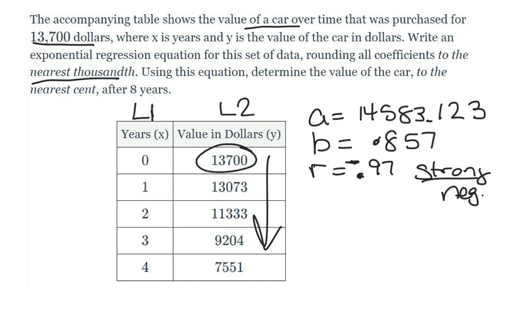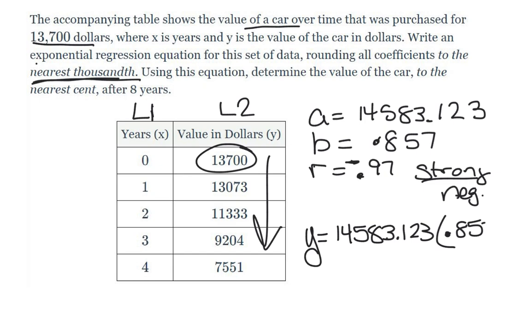All right, so they're wanting us to find the value in 8 years. So our equation is going to be y equals 14,583.123. And I'm just following what they said as far as writing my numbers to the nearest thousandth. Times 0.857 to the 8th power.